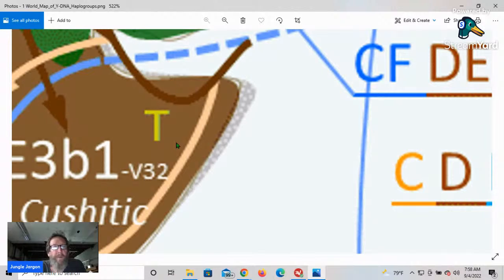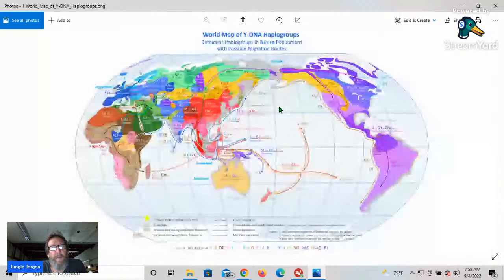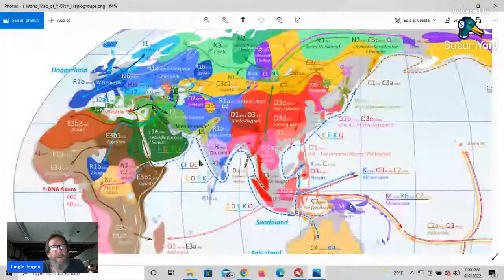Now, I believe that this is the Greek Sea people that had trade with the Horn of Africa, and there's Greek descendants in Africa to this day. And it's the same T that's in India here, which would be the TY chromosome.